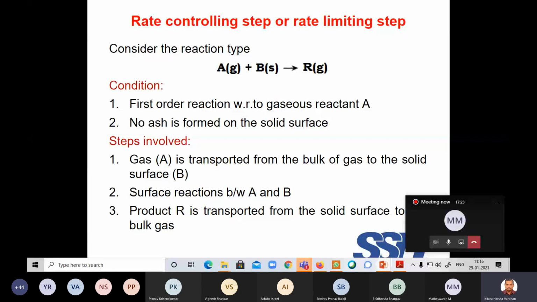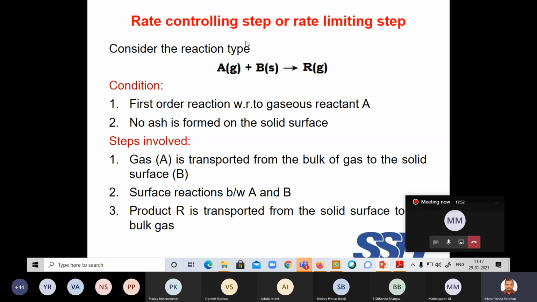So your time will be very less, but the time spent to cross the Sholinganallur signal may be more, right? So that is what we call a rate controlling step. The rate controlling or rate limiting step is the step where the resistance is more. When there is more resistance, the reactants will spend more time in that particular step, right?